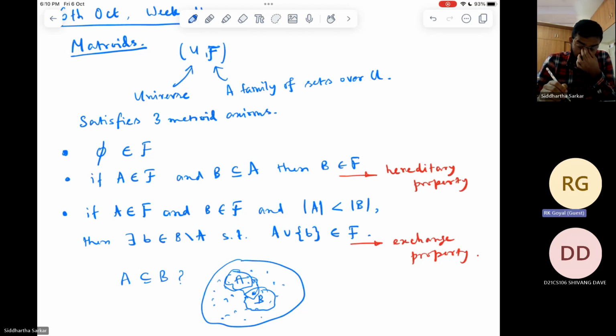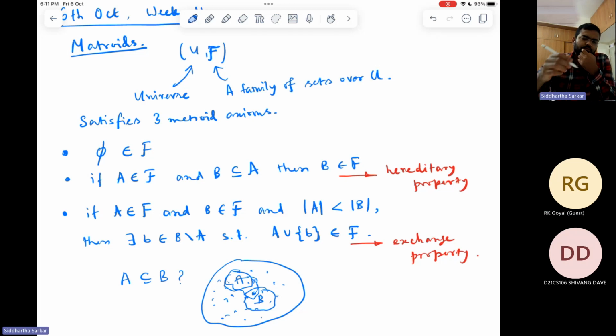Since A and B are disjoint here, the entire set B can be included with the set A, because all the elements of B won't be there in A. So can we include all the elements of the set B with the set A, and will that still result in a family member?